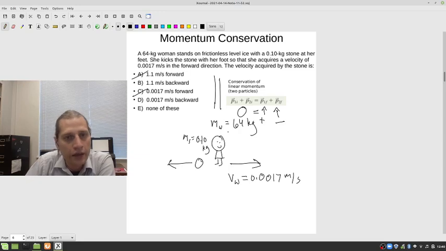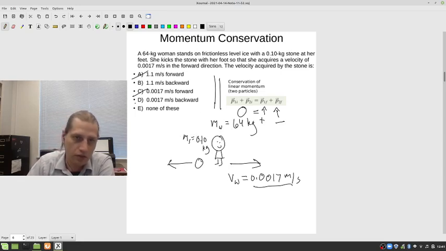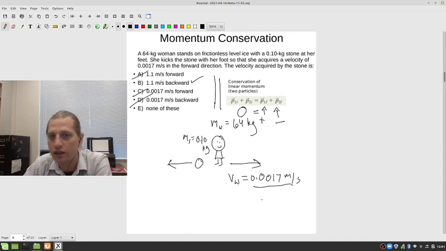Now, if she is going forward with some speed, she has a bigger mass than the stone, so I would expect the stone to be going faster than the lady. So it can't be that one. This is plausible. You're going to have to stick it in and see if this is in fact correct.